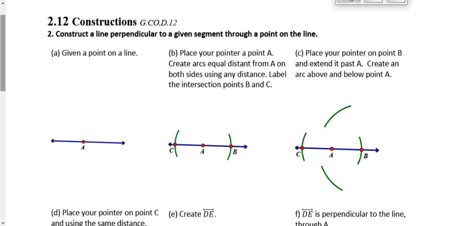So it's just like a perpendicular bisector, but we don't have these equidistant endpoints to work with, right? So we have to make those, don't we? So this first step here is you put your compass on the point that they want the line to go through and make a mark on that side and on the other side. Now those two marks you made, are they not going to be equidistant from that point?